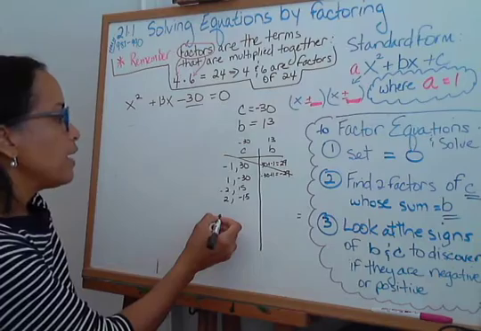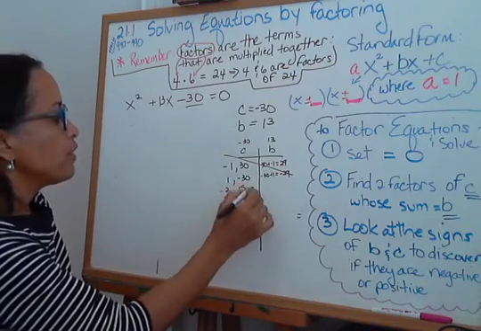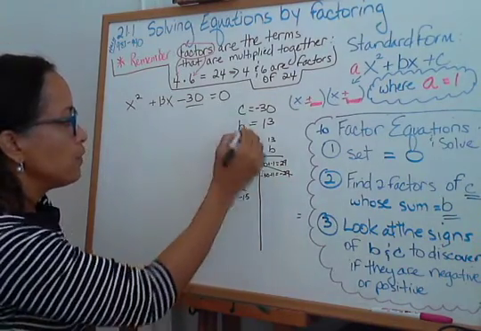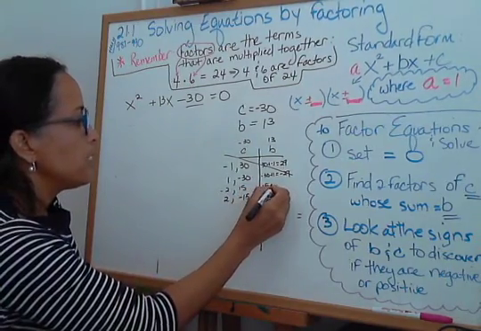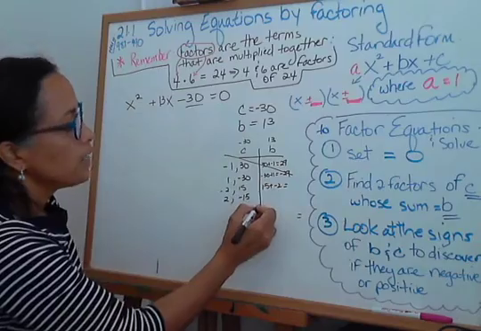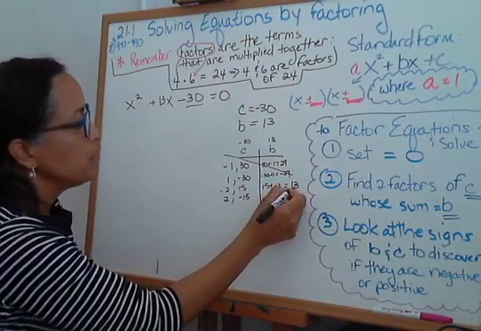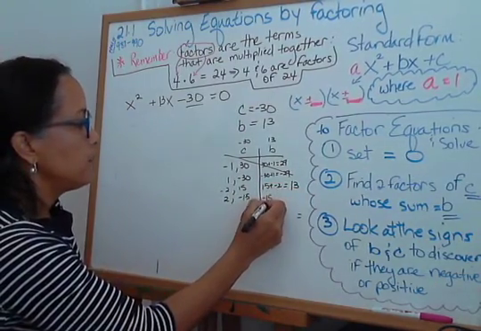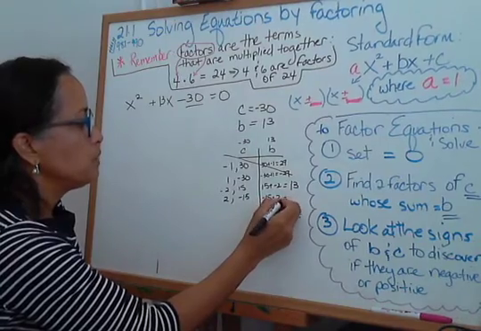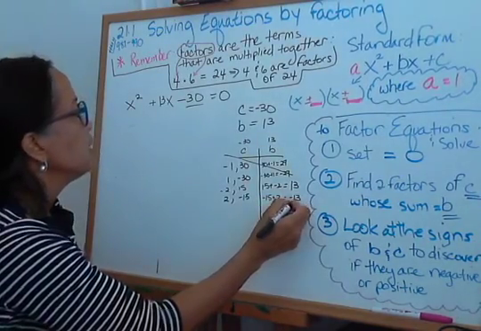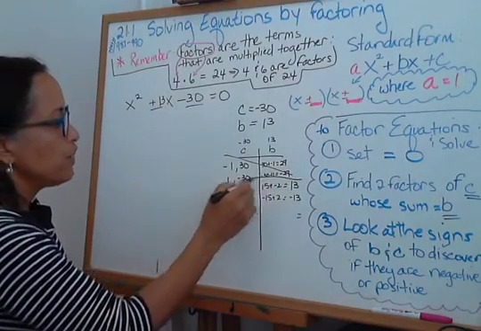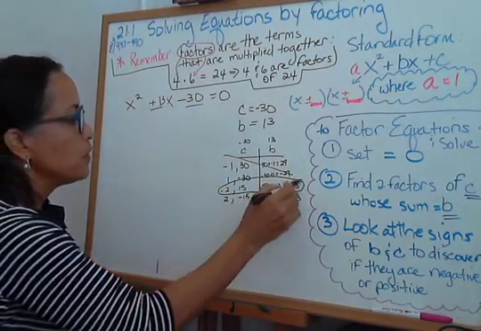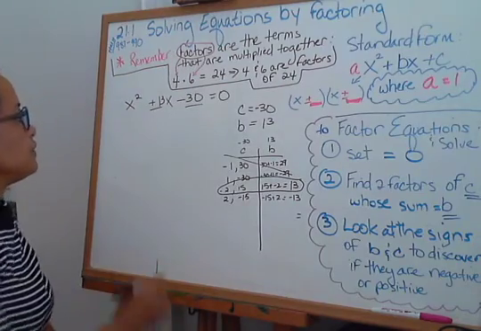Let's try which one of these may work with the sum. 15 plus negative 2 actually gives me 13. Negative 15 plus 2 gives me negative 13. So I need positive 13. So the factors that work are negative 2 and 15.